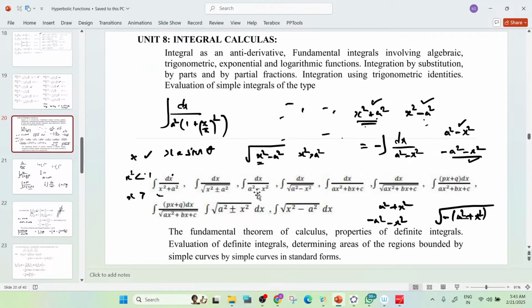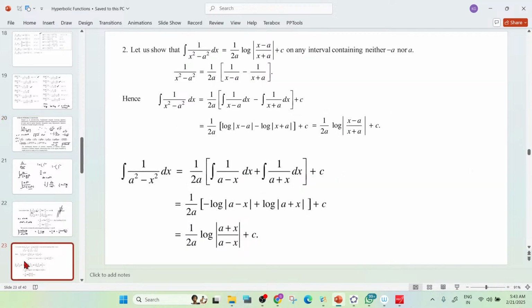Now, without the square root: 1 by a squared minus x squared, or 1 by x squared minus a squared. This you have done as tanh inverse or whatever. Now we can break this: 1 by a minus x into 1 by a plus x.